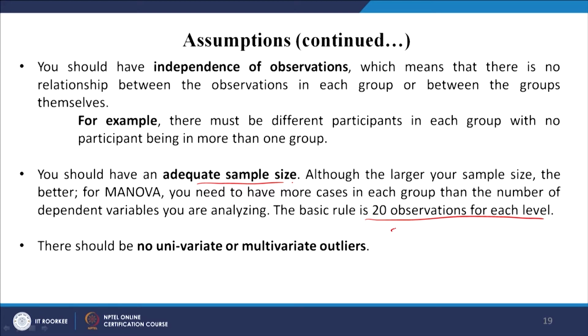For example, there are 2 factors and each factor has let us say 3 levels. How many cells are formed? 6 cells are formed. So, each cell multiplied by 20, you have 120 as your sample size, right. This is one thing that you need to understand.